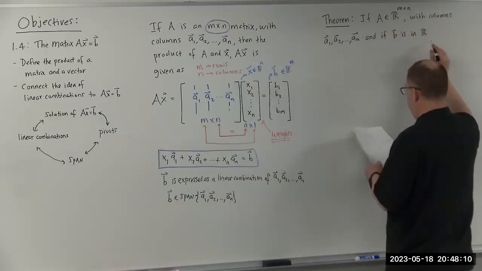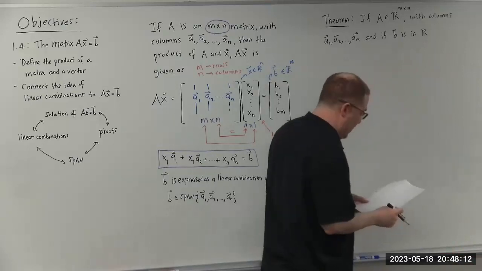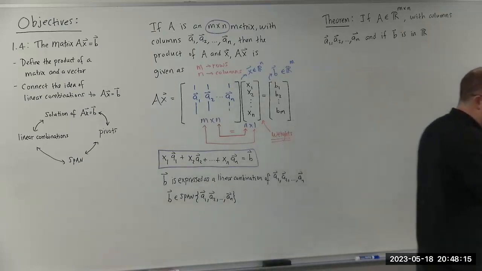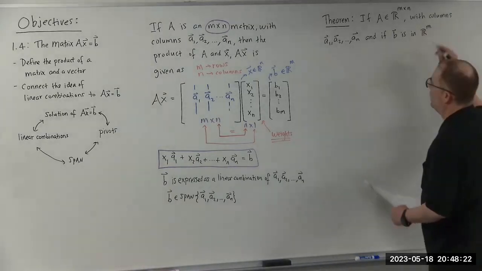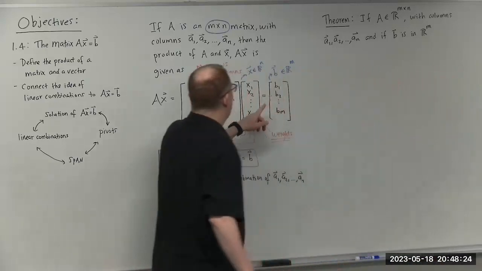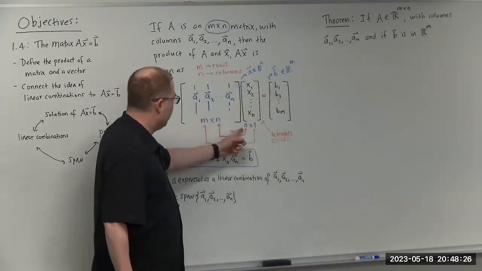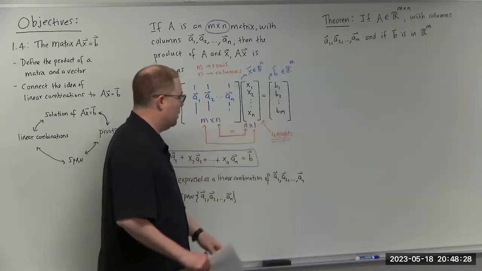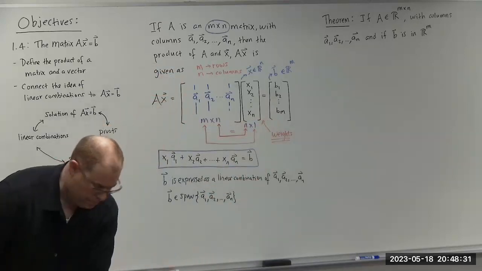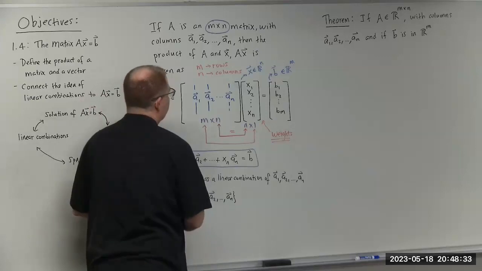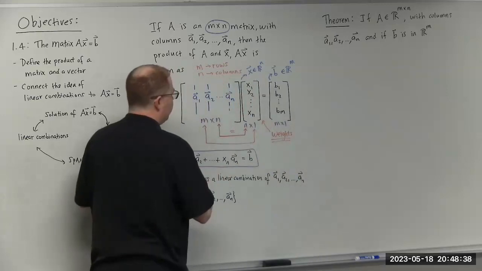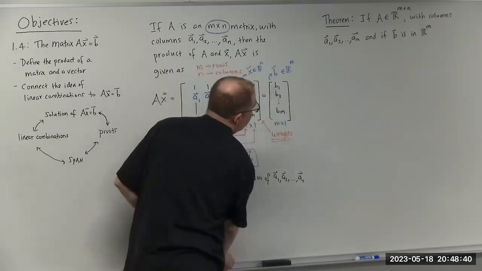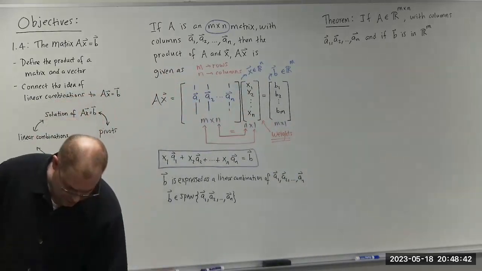And the vector B is in R of M. Going back to this idea, because we have M by N and this is N by 1, therefore this has to be an M by 1. So that means our vector B is in R of M.